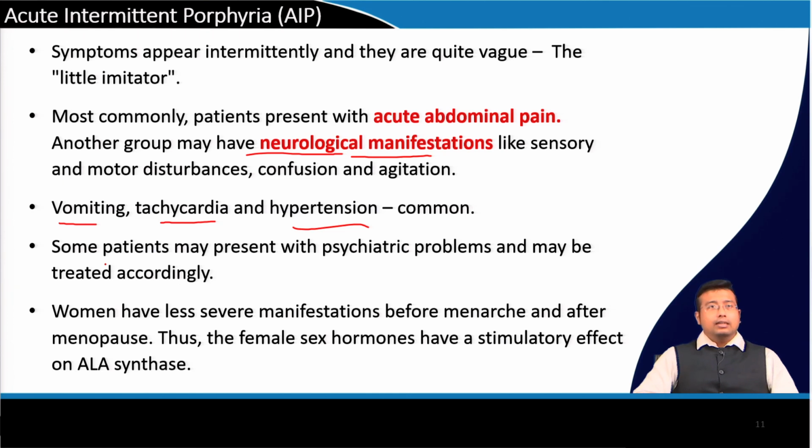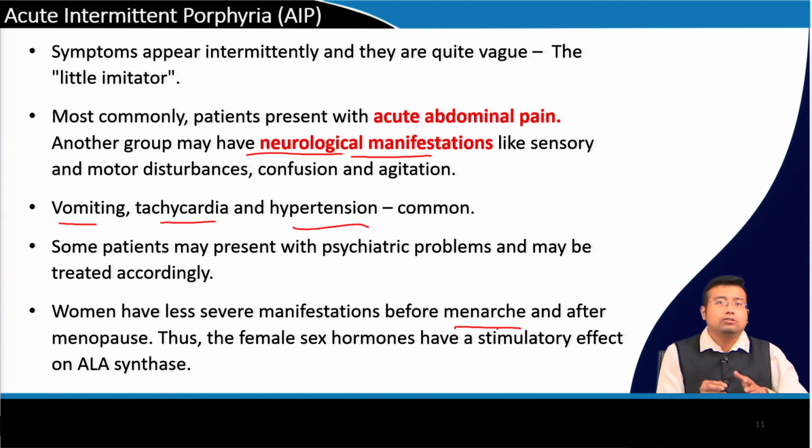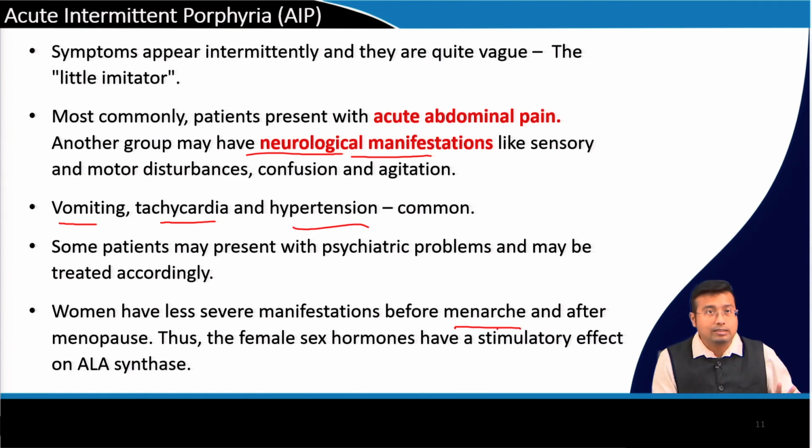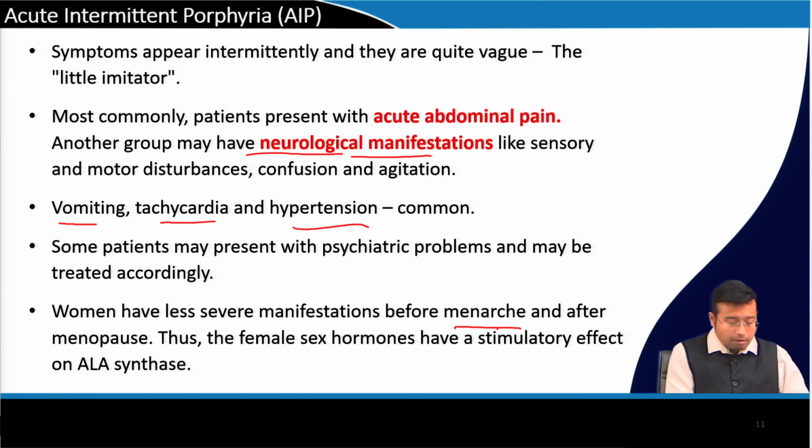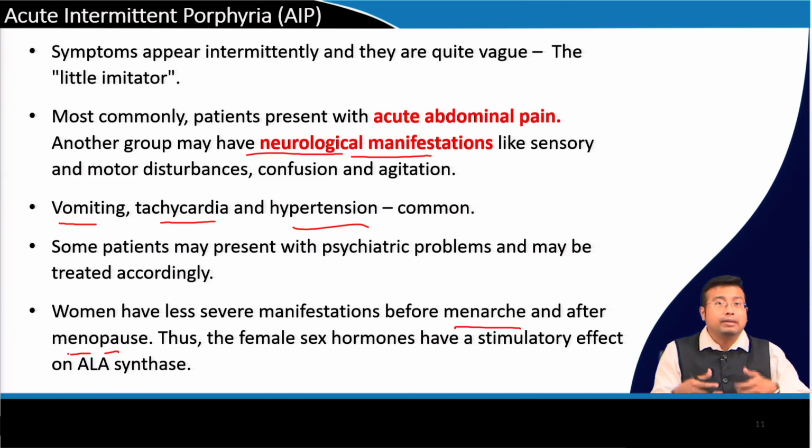It has been seen that women have less severe manifestation before menarche, before the menstruation starts, they do not present with any symptom, or after menopause, but during the active menstrual phase of their life the disease presents.